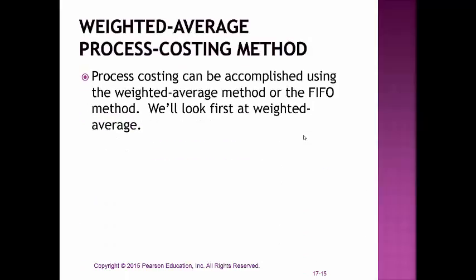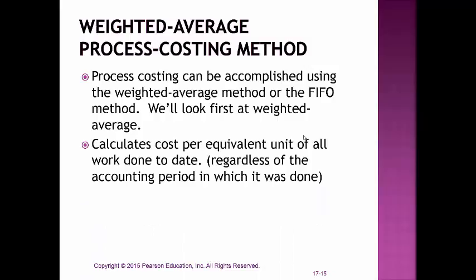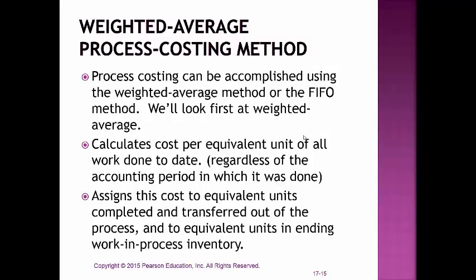Alright, in regards to our weighted average process costing method, you guys have done weighted average stuff before, and we're also going to see a FIFO method as well in these two chapters, 17 and 18. We're going to see how to calculate the cost per equivalent unit under both of the methods.